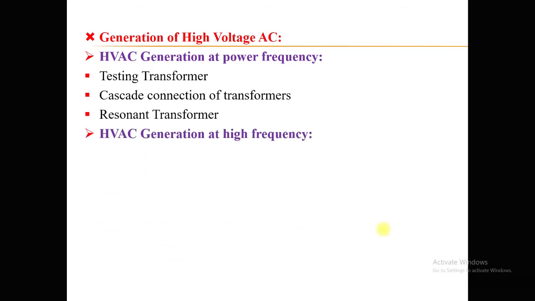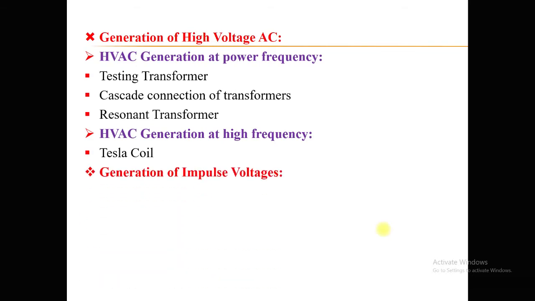The high voltage AC at high frequency is produced by the Tesla coil. The Tesla coil is nothing but a mutually coupled parallel resonant circuit. The application of the Tesla coil is to study sparks in the high voltage laboratories.